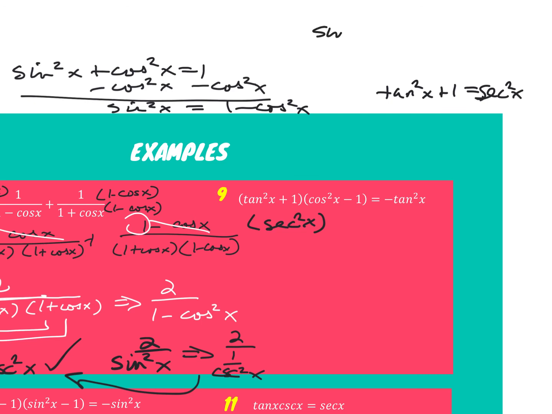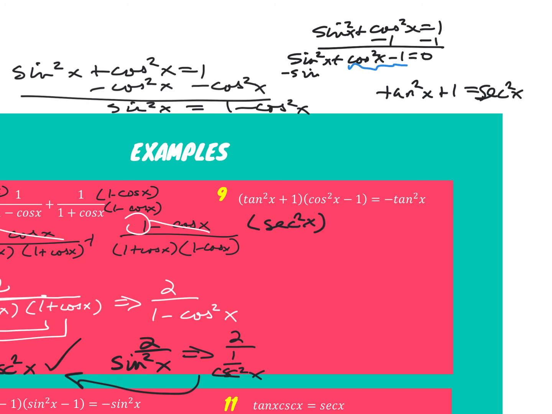Sine squared x plus cosine squared x equals 1. I'm going to move the 1 over. Sine squared x plus cosine squared x minus 1 equals 0. And I'm going to move the sine over because my goal is to isolate this.